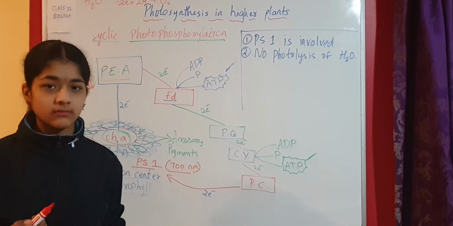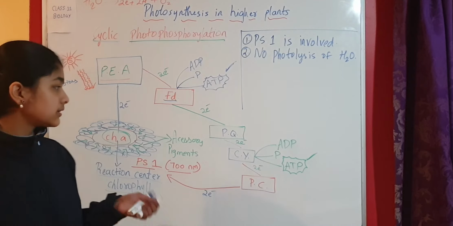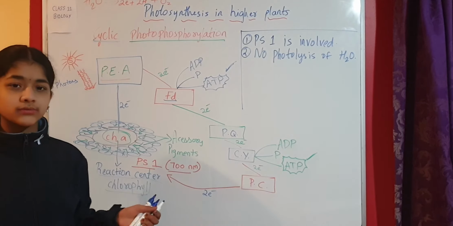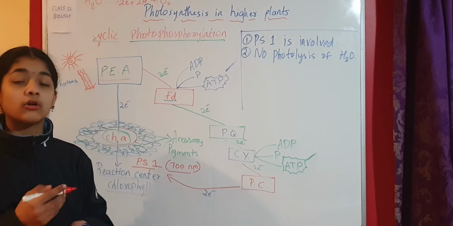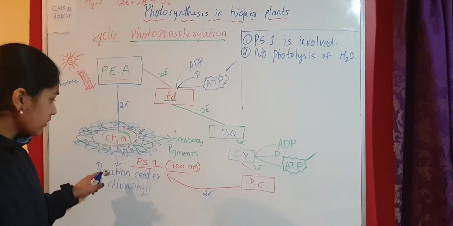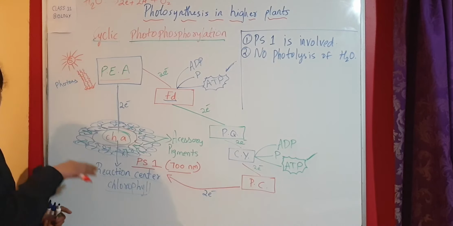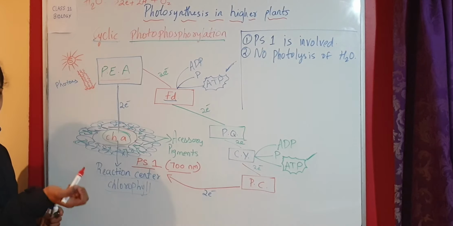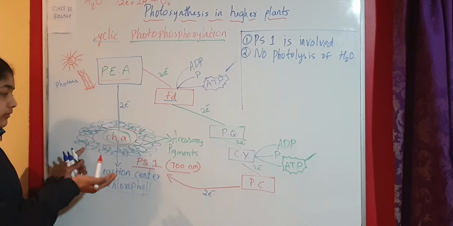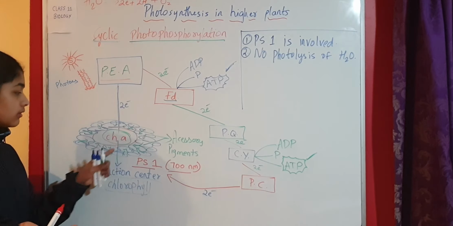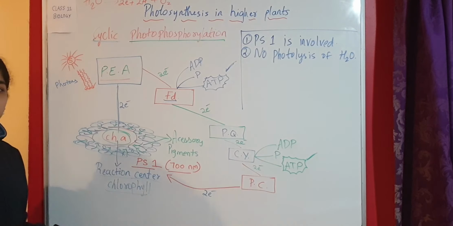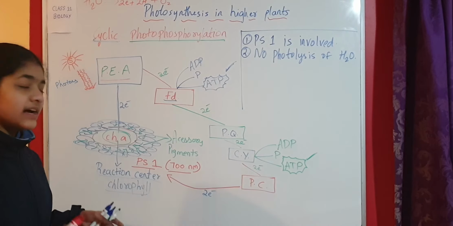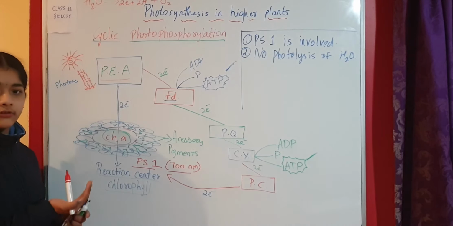Actually, what is the reason? Why in non-cyclic photophosphorylation is there photolysis, or splitting of water? Because there is a constant flow of sunlight on the photosystem or chlorophyll A molecule, and constantly the electrons are getting lost. So there has to be some mechanism to replace the electrons, right?